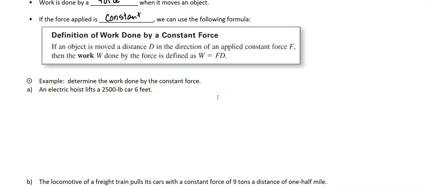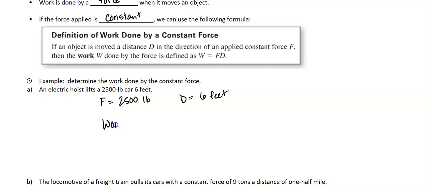For example, if I wanted to determine the work done by a constant force where an electric hoist lifts a 2,500 pound car 6 feet, my F, the amount of force, would be the 2,500 pounds because that's what's being moved, and the distance would be 6 feet.